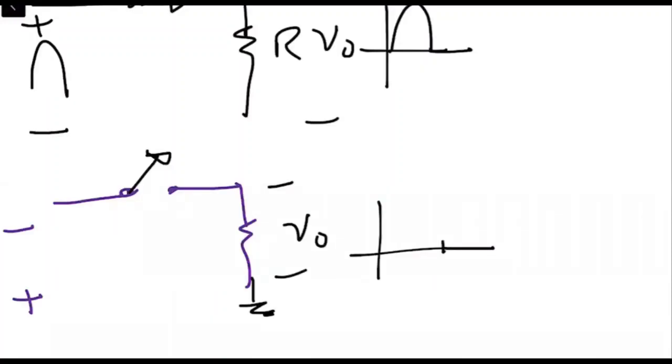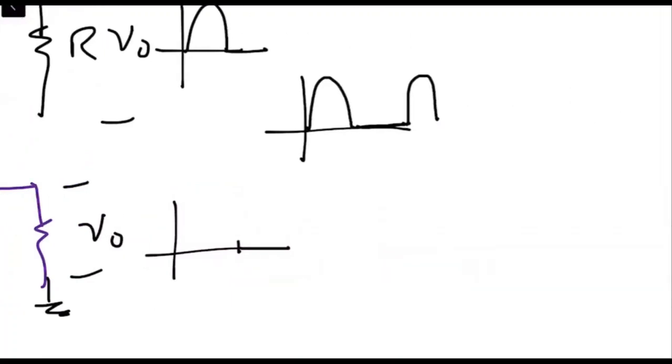So if we combine both of them, the output for the positive half cycle is going to be a positive half cycle, and for the negative half cycle, it is going to be a flat output. Again, when the next cycle comes, for the positive half cycle we have a positive half cycle, and for the negative half cycle we have the output like this, right? So it is something like this, on or off.